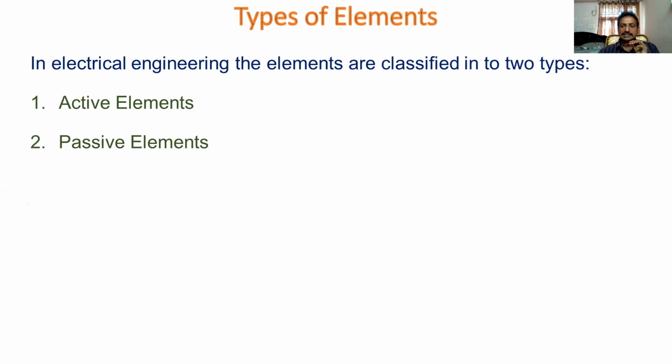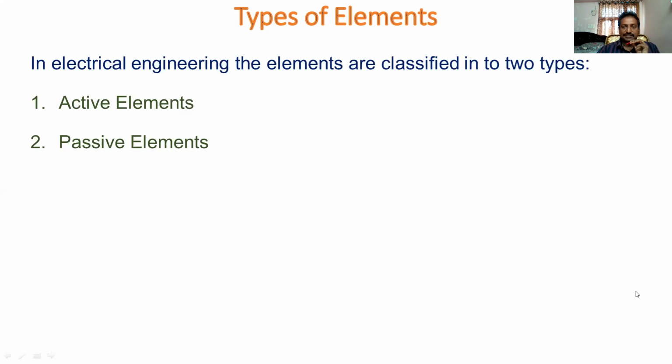Then we'll come back to the types of elements. It is very important. There are two types of elements in nature. What are those? Active elements and passive elements. What is the definition of active and passive? Active elements are the elements which always supply or give energy to other elements, or passive elements, connected in the circuit.